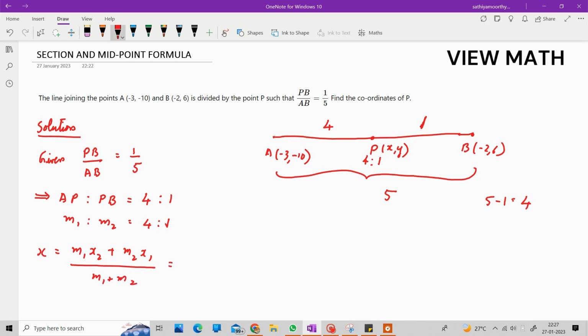M1 x2 plus M2 x1 by M1 plus M2. Now what is my x1? This is my x1, minus 10 is y1, this is x2 and y2. Let me substitute.